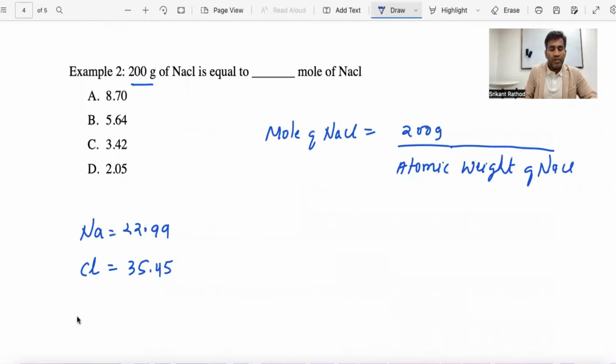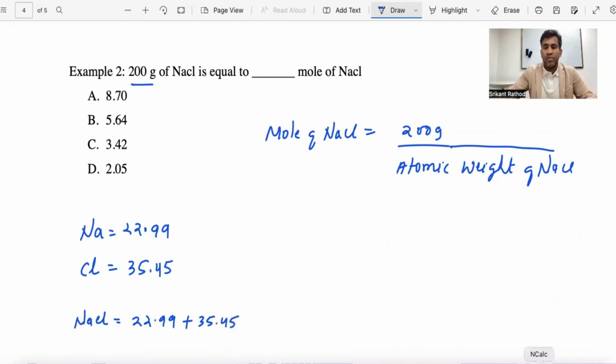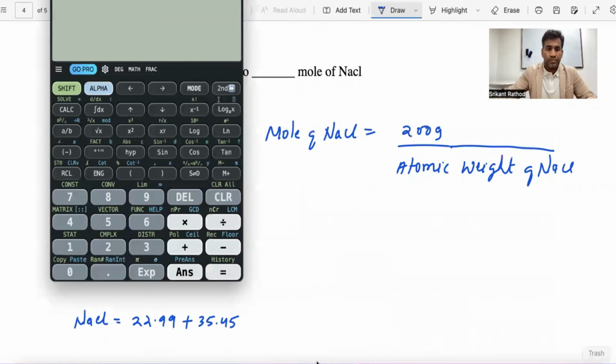To get the total atomic weight, I just need to add them. So this is going to be 22.99 plus 35.45. When we add them, what will be the result? Let's add them and check. 22.99 plus 35.45 gives us 58.44.